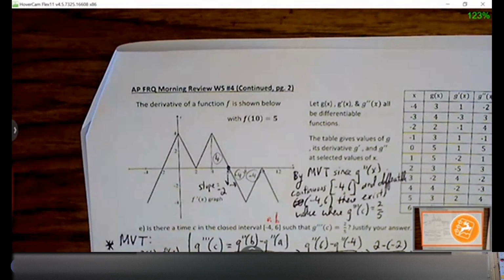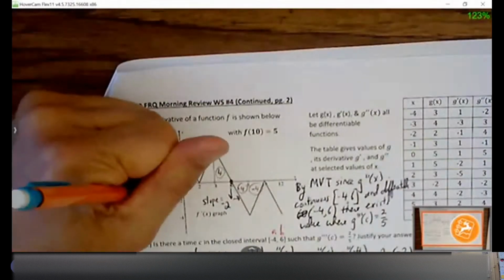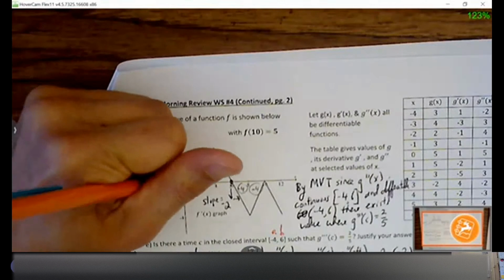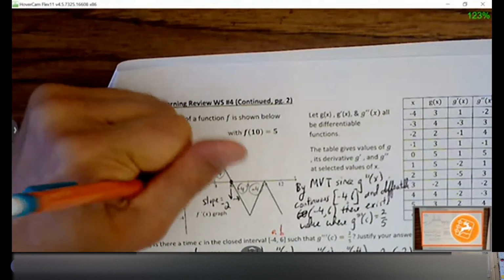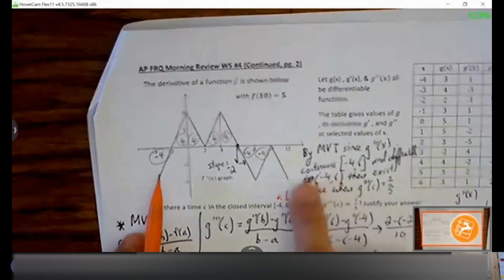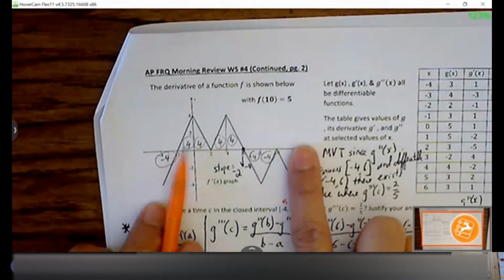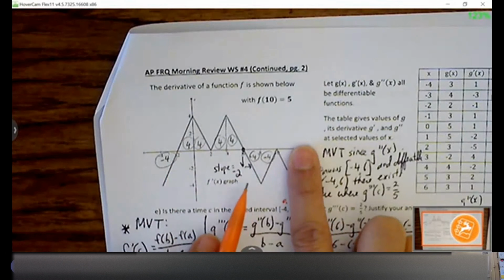Sorry, -4 to 10. So a lot more regions to find here. So -4 plus 8 plus 8 minus 8.